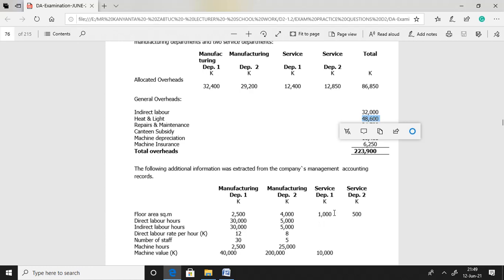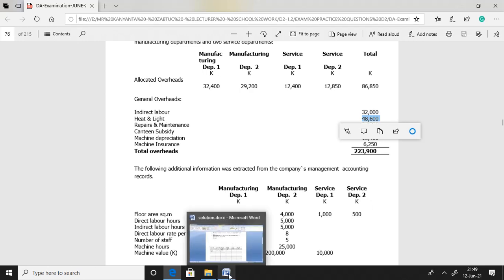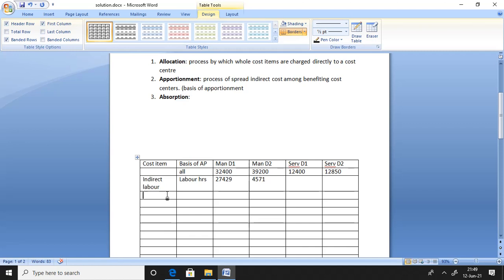For service department 1, 1,000 divided by 8,000 multiplied by that cost. So let's do that. The cost item is heating and lighting. Basis of apportionment, floor area.